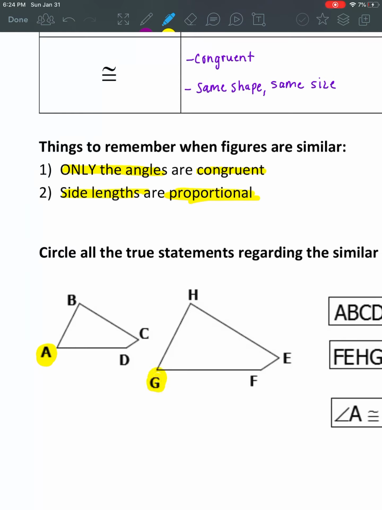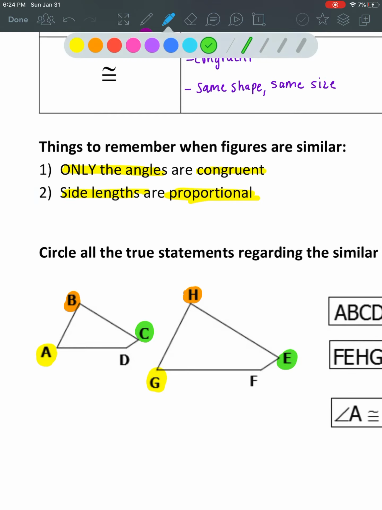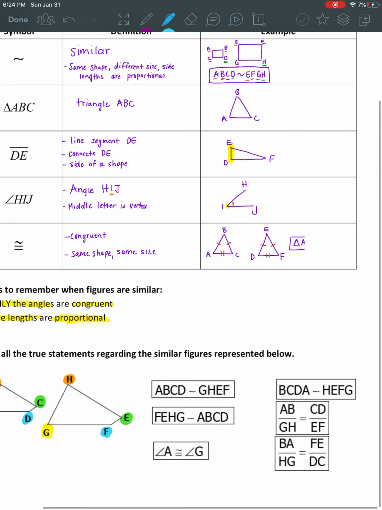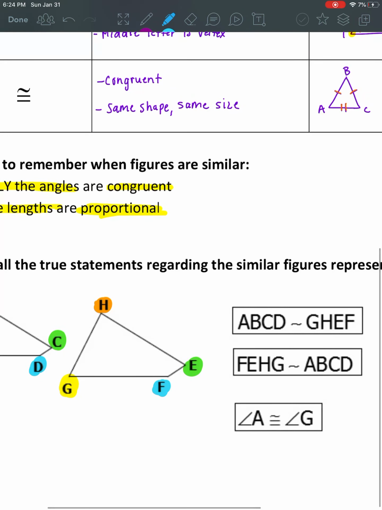We see that they're sitting perfectly next to each other, and we're going to highlight, and please follow along with me in your notes, the vertices that are the exact same. So A matches up to G, B matches up to H, C matches up to E. So these are in the exact same spot. So this is what we call corresponding vertices. D and F are the same.